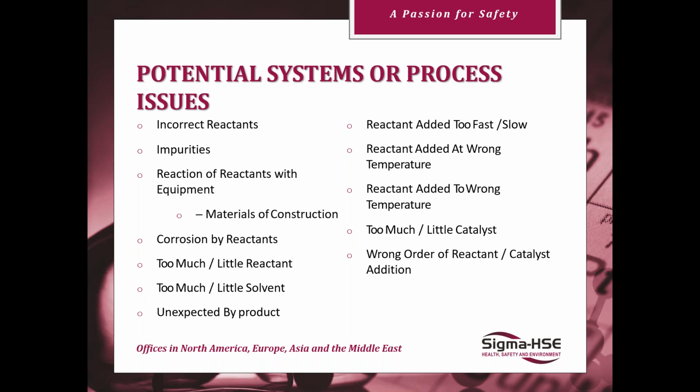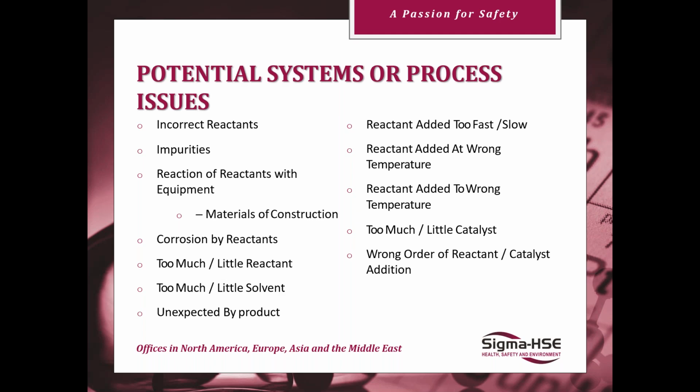And then process failure or system failure, I guess, incorrect reactants. That's where we were talking about before, where all of your maximum storage amounts of A and B add together, and it just overreacts. It's not a normal process. Impurities, reaction of reactants with equipment, so incorrect construction materials, corrosion by reactants, that comes under the same thing, too much, too little, unexpected byproducts.